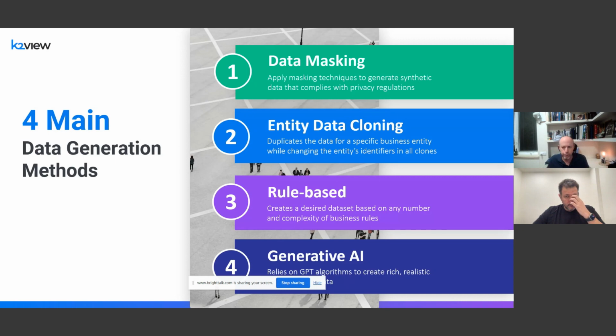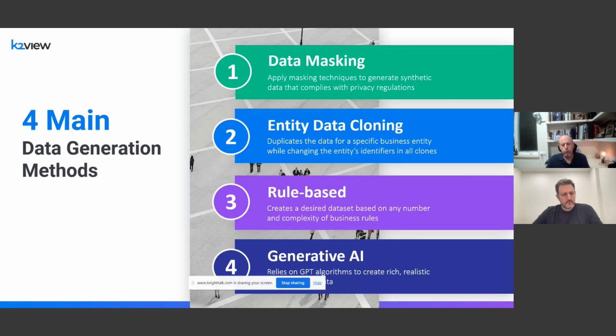I know that there are some others like agent-based modeling and statistical modeling, but we are going to talk about these 4 key methods and talk a little bit about data masking, which seems like the most immediate method if you need to generate compliant data based on your real production data and you want to mask it. Data cloning, we'll explain this method, which is great for generating high volume of data for performance and load testing.